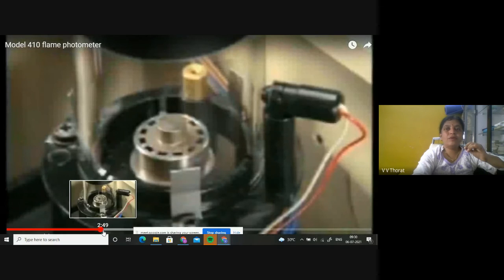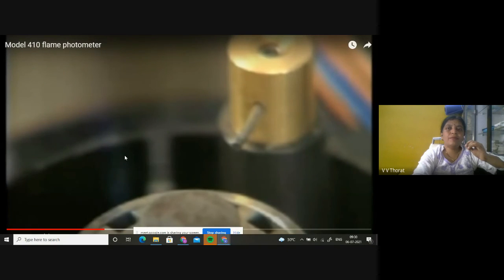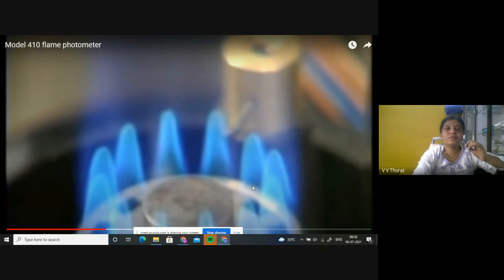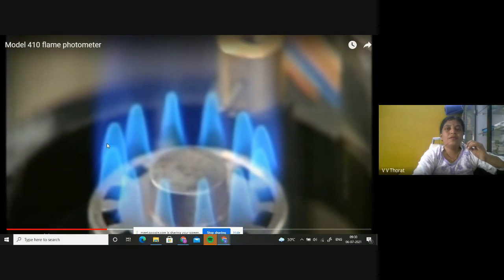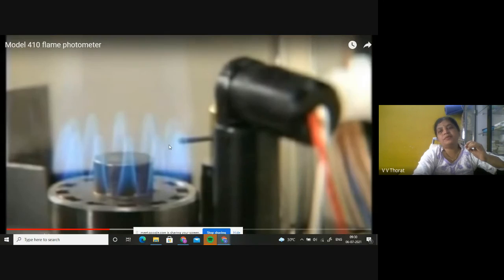Power is on. Now, this is like your lighter. This will light the burner automatically once you keep it on. See, this is the burner in your flame photometer, the pre-mix burner.